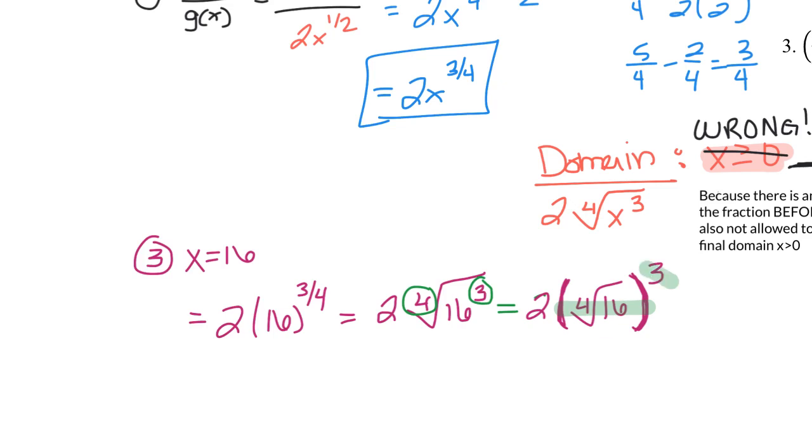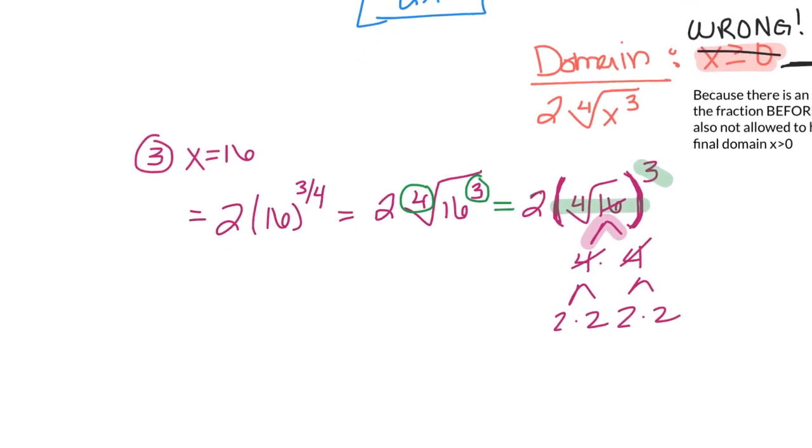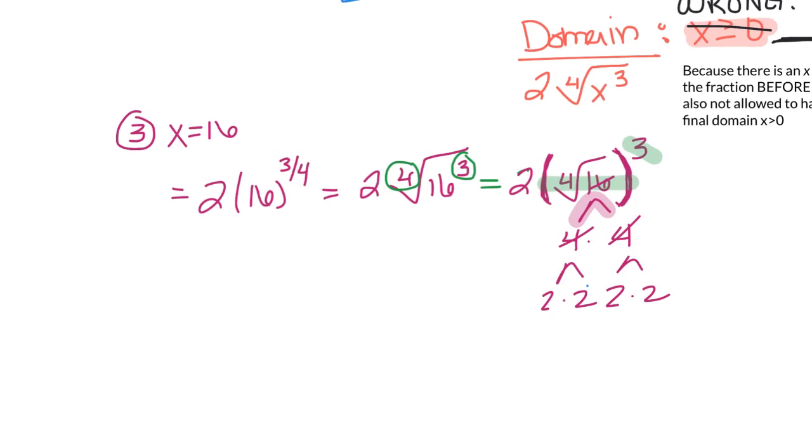So let's worry about this 16. 16 breaks up into 4 times 4. 4 can break into 2 times 2, 2 times 2. And according to my index, I want groups of 4 numbers together. So I have one group of 2's and nothing left without a pair. So this turns into 2 on the outside times 2, because the 4th root of 16 gave us a 2.